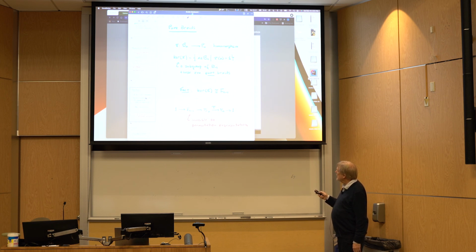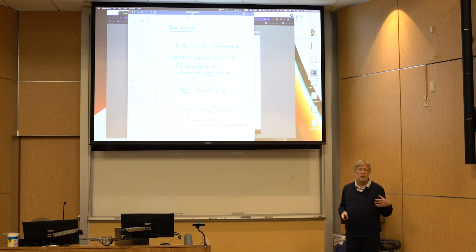You have the braid group, you have the homomorphism onto the permutation group, and then you have the kernel, which sits inside the braid group, is the free group on n-1 generators. And the interesting thing about the kernel is that it's totally invisible to the permutation representations. In fact, it was defined that way, right? It's the set of things whose associated permutation is the identity element.